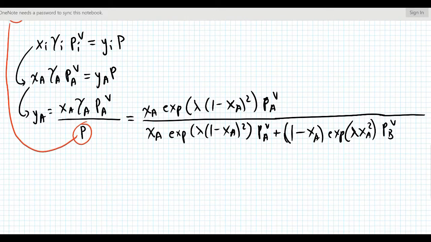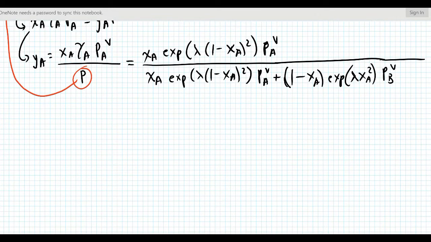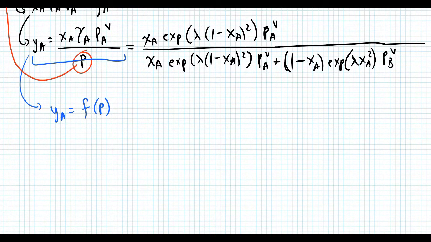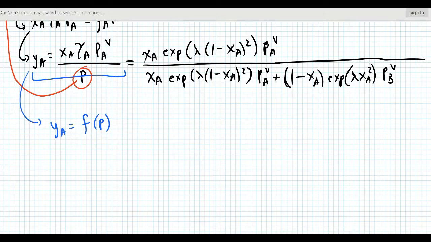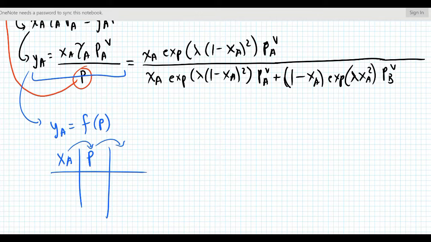So what you have here is options. You can either choose to take this whole term and say yA is a function of P, where you know what your P is from given values of xa, because you saw that in the Excel sheet where you have xa and you have P. From them, you can just plug in those P values as you did xa to get corresponding yA values.